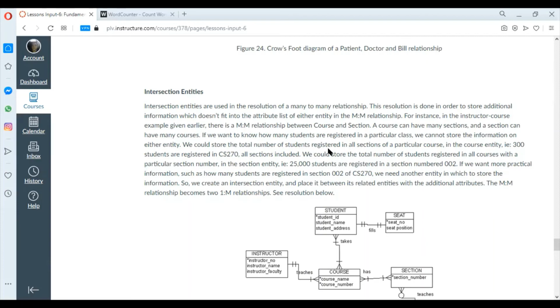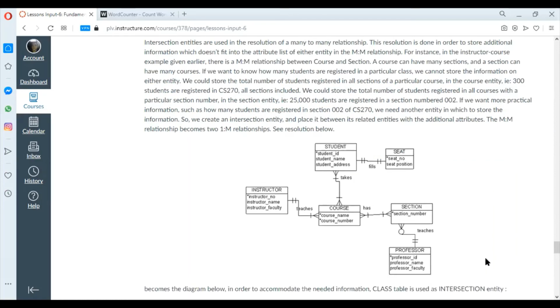Later on, you will learn the concept of database normalization, wherein one table is split into two or more tables. This is done in order for us to have easier access and easier management of data. That concept applies to intersection entities.